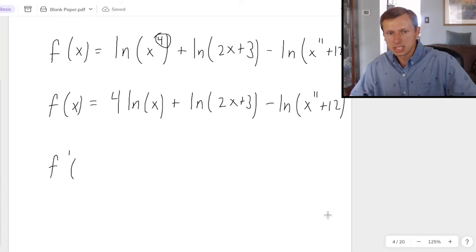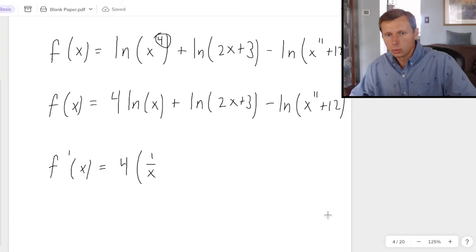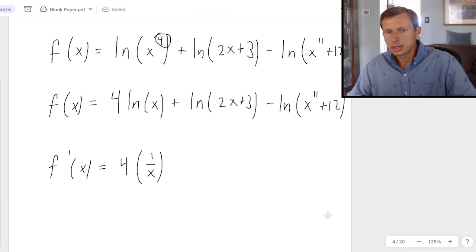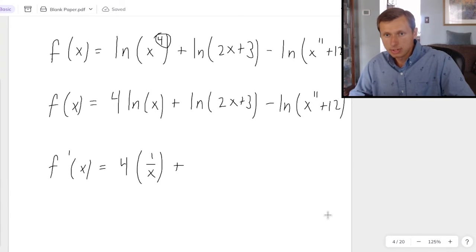F prime of x equals, the 4 is a coefficient, just goes out in front and comes along for the ride. Derivative of natural log of x is 1 over x. If you want to write this as 4 over x instead, you can. I'll be doing that in the next step when I simplify. Next derivative, natural log of 2x plus 3. Derivative of 2x plus 3 is just 2.